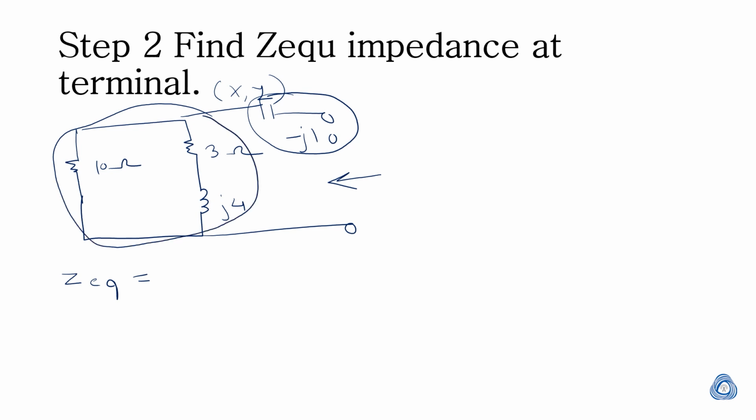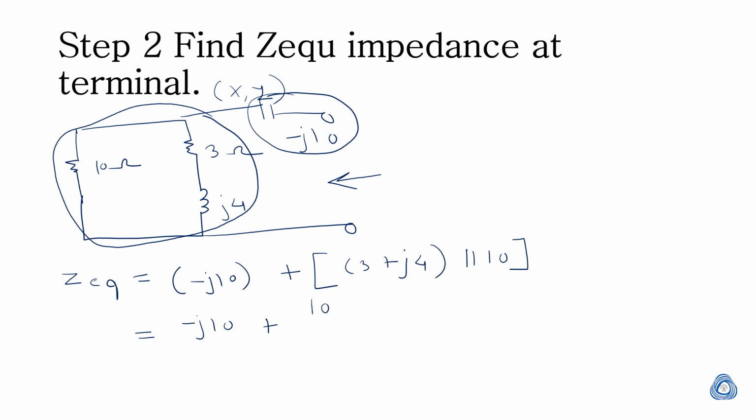That's why I started by writing minus J10 in series with this circuit, but in this circuit 3 plus J4 and 10 ohm are in parallel. So 3 plus J4 parallel with 10 ohm.